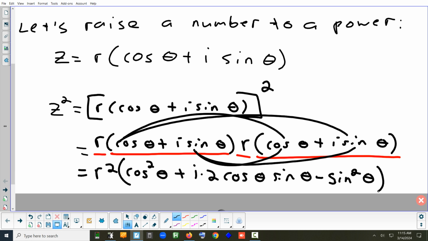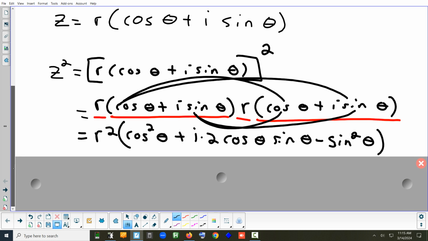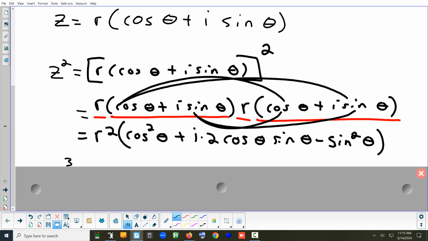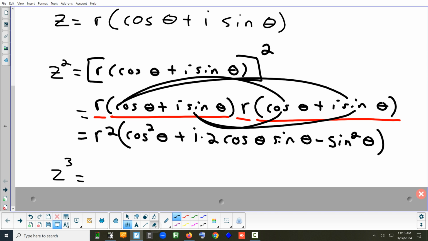I'm pretty sure there's something that we can change the 2 cosine sine theta to. You have cosine squared minus sine squared, so there's got to be some stuff that simplifies there.